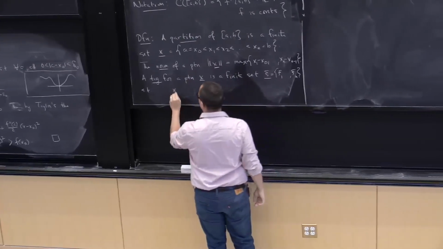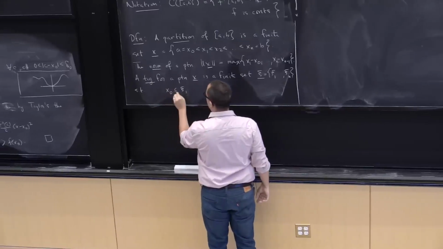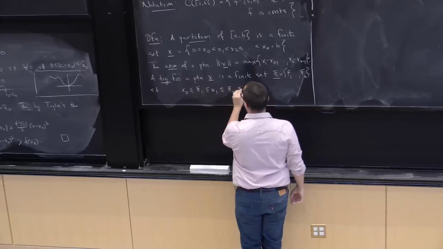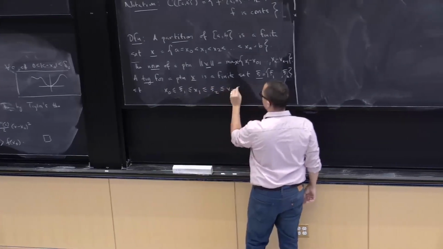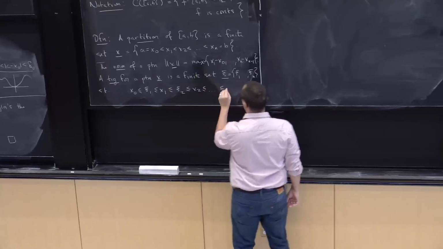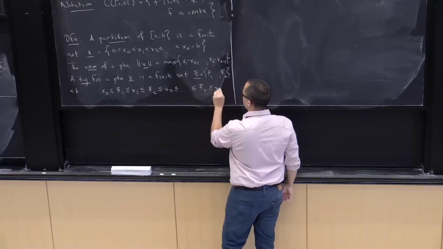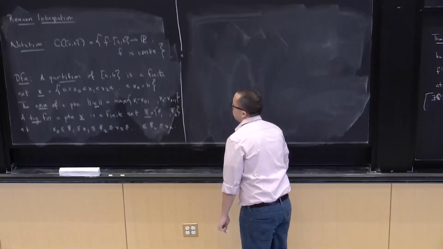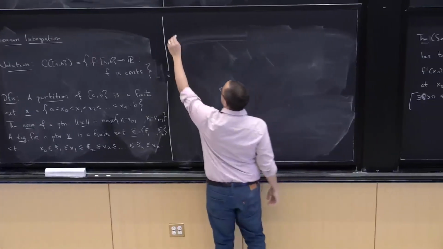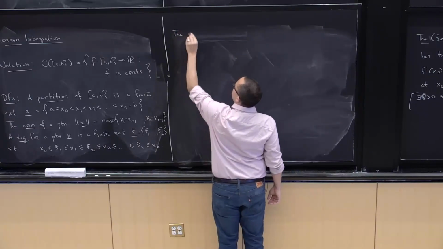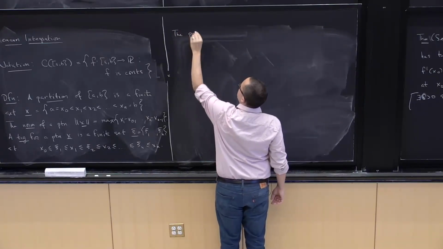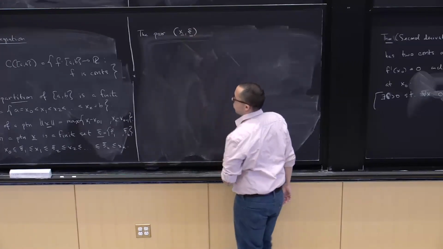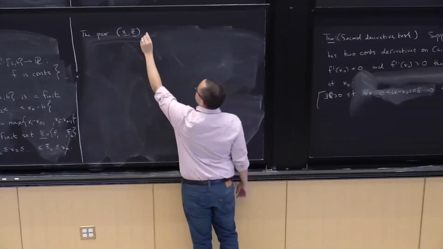In other words, x0 is less than xc1, which is less than x1. Okay? And the pair is referred to as a tagged partition.